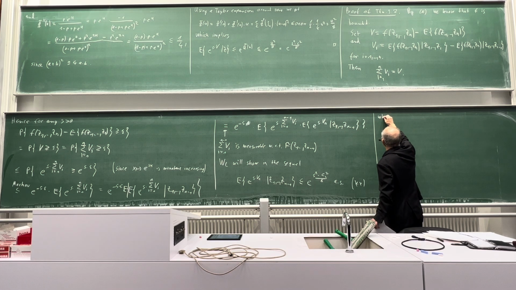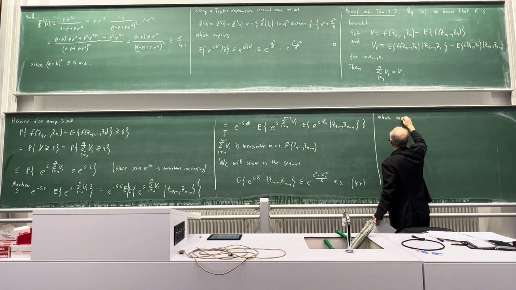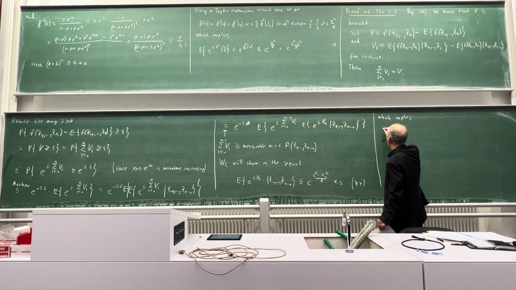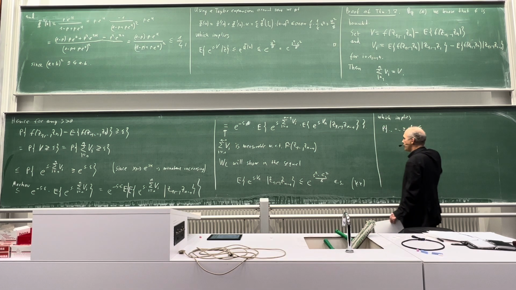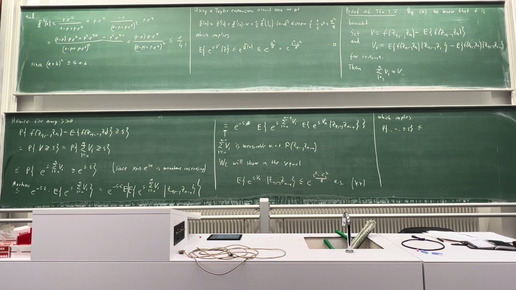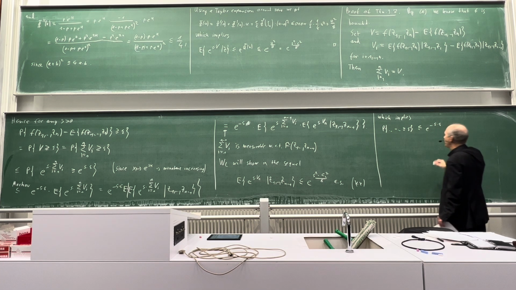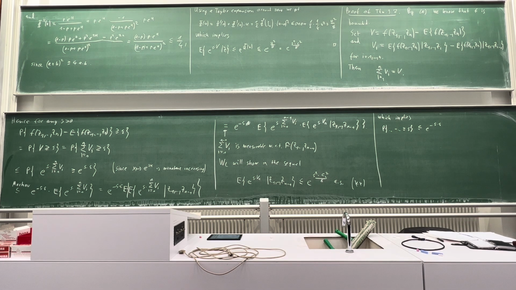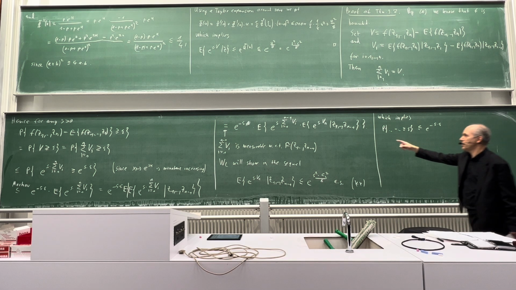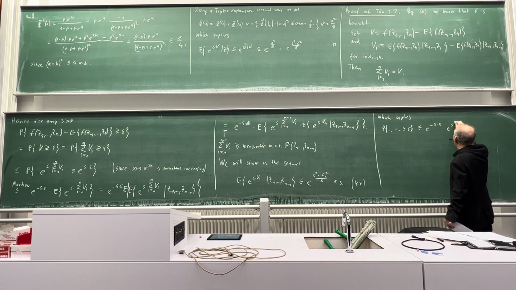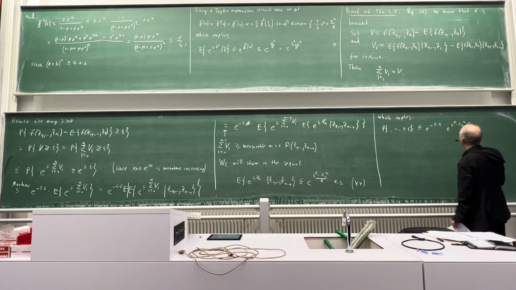which implies our probability which we want to have is less than e to the power minus s times epsilon, and this one was less than e to the power s squared times cn squared divided by 8.